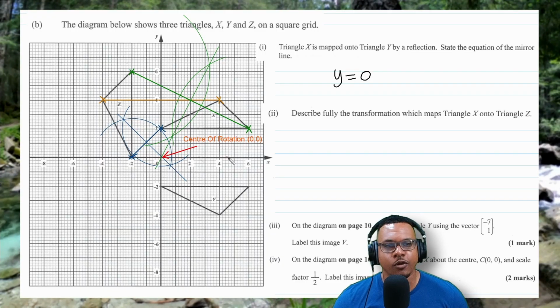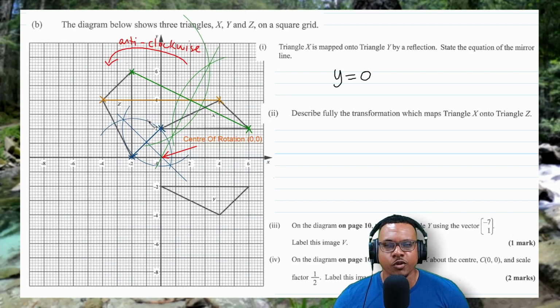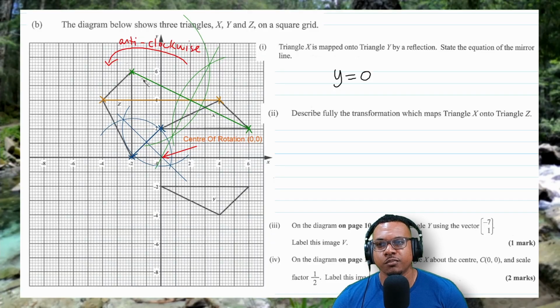So we found our center of rotation. Now, seeing that X is the object and Z is the image, the rotation is going in an anti-clockwise direction. Let's put that in red as well. We are going in an anti-clockwise direction. Now, in order to find the angle of rotation, I need to connect any 2 corresponding points, drawing a line from each point to the center of rotation.